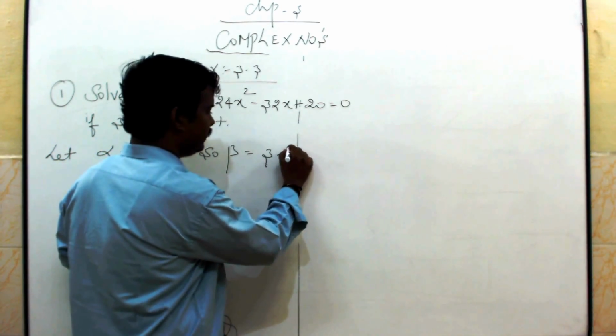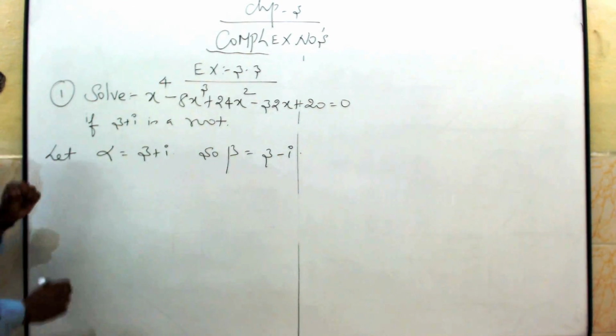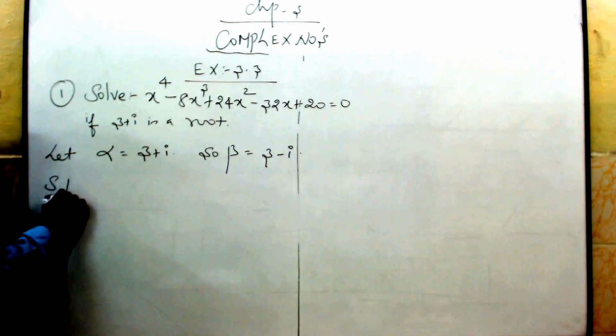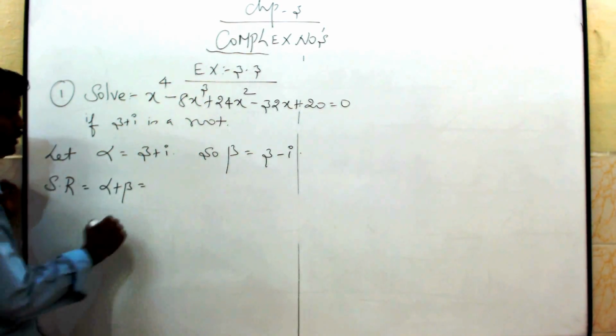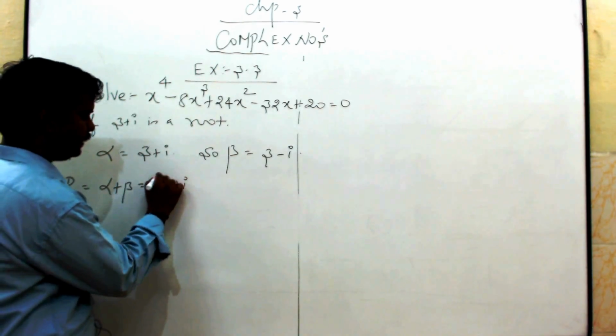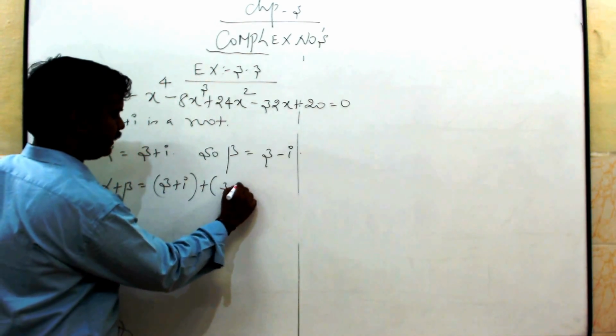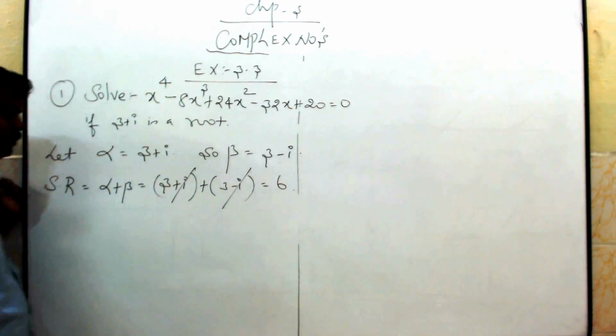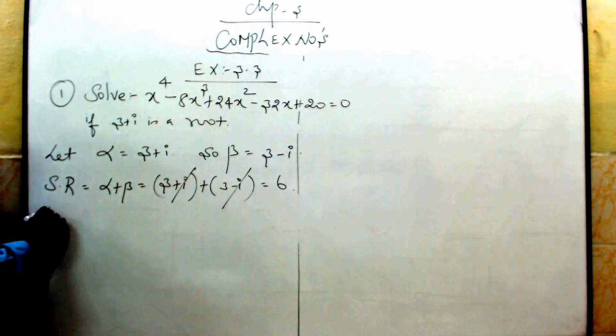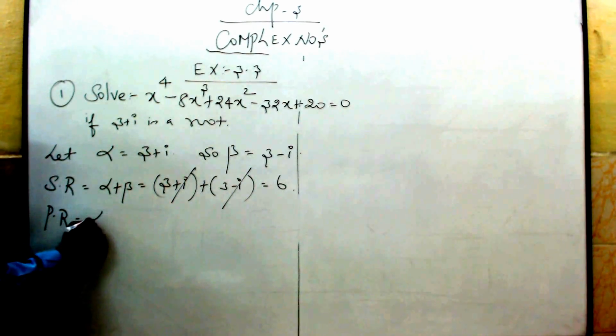Other root will be 3 minus i. The next step you calculate sum of the roots. That is alpha plus beta, which you will get 3 plus i plus 3 minus i. This plus i and minus i will get cancelled. You will get 6.